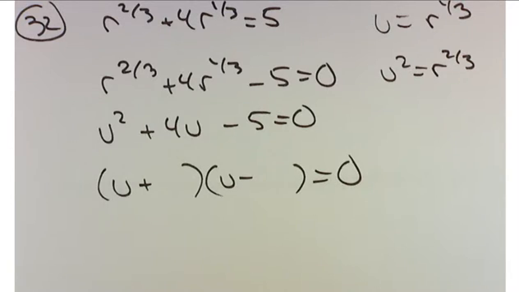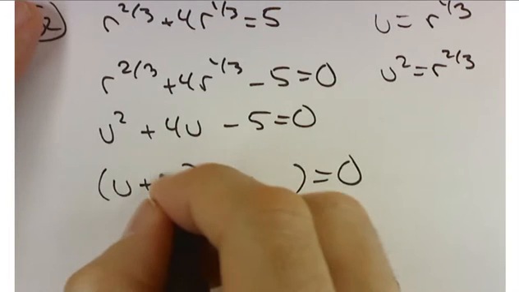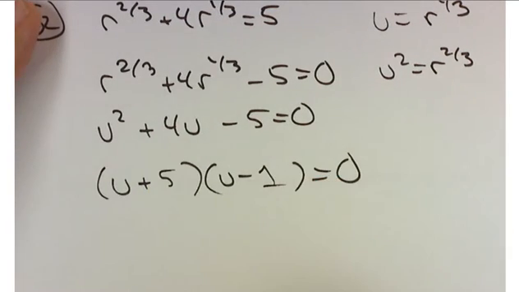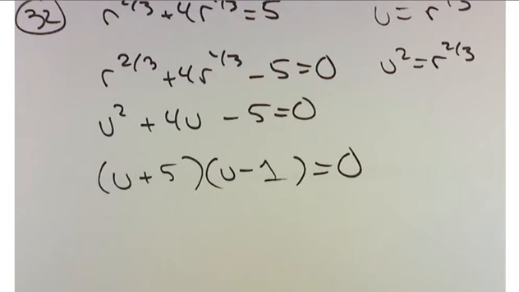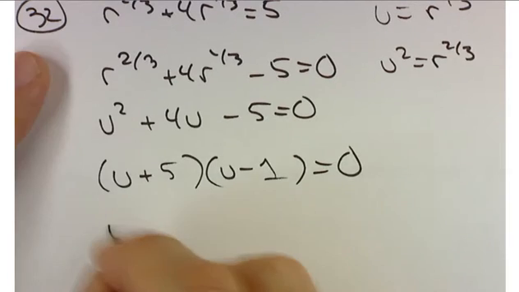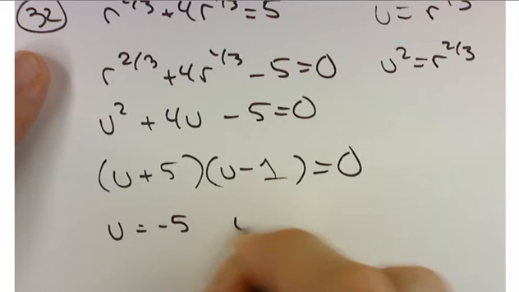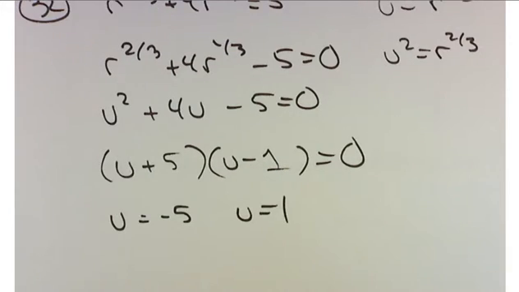So positive 5 and minus 1. What are our two solutions then? Good. U equals negative 5 and U equals 1. Amila, are we all done? No. What else do we have to do?